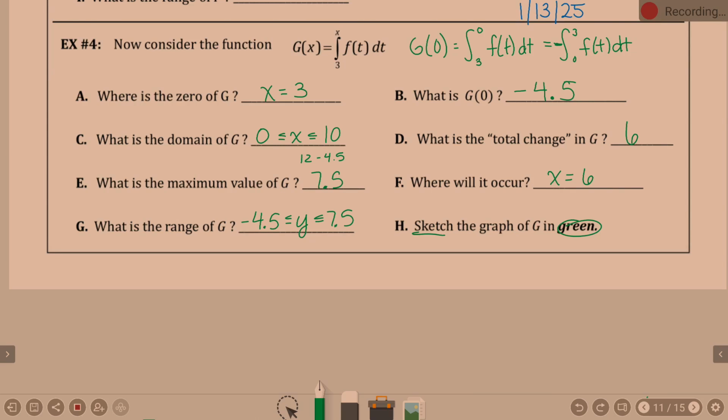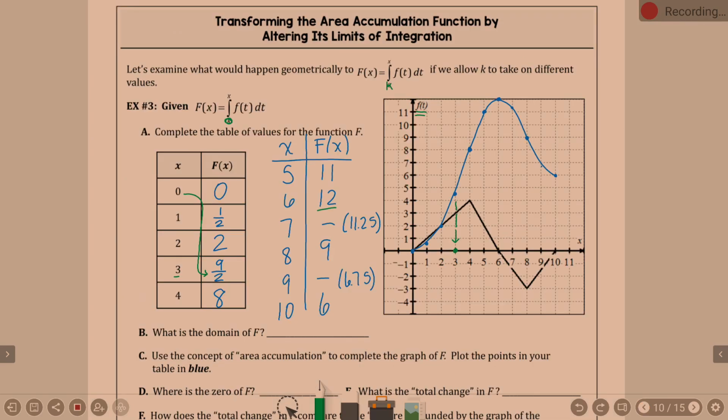Well, if you go back up here, what's happening? My max of 12 became 7.5, right? This value at 3 that was at 4.5 is now at 0. Each of these values is moving down 4.5 units.